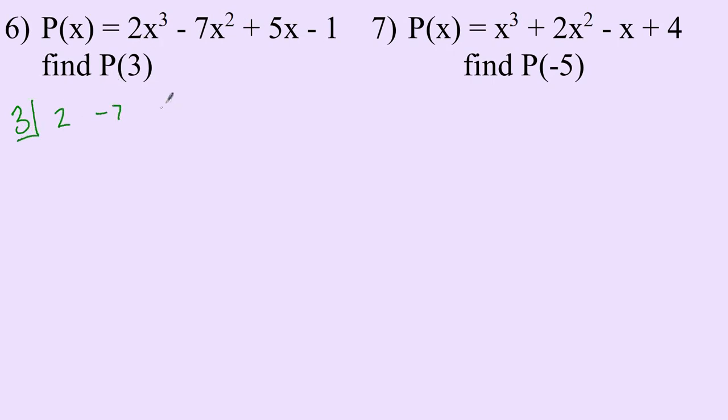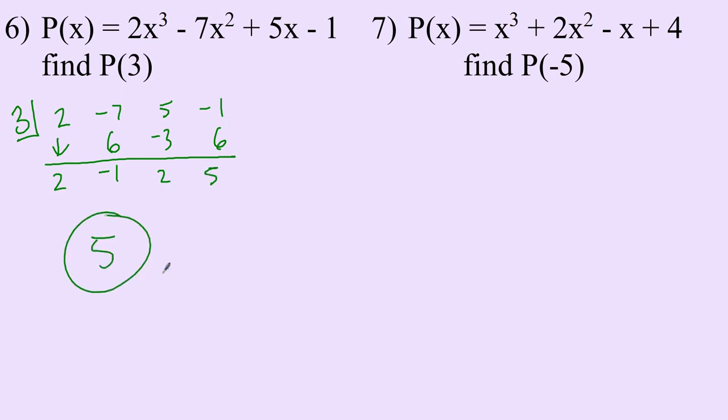2, negative 7, 5, and negative 1. Right? Most of us usually don't mess up with our adding and multiplying. It's those exponents that really mess things up. So, we multiply, we add. We multiply, we add. We multiply, we add. This is 5. If you plug in 3, you'll get 5.